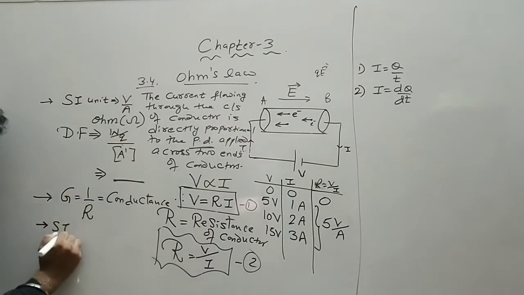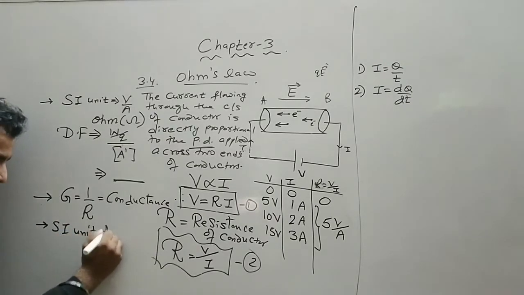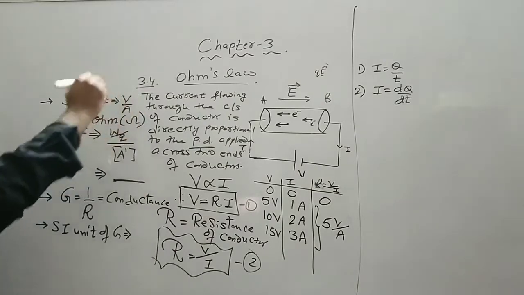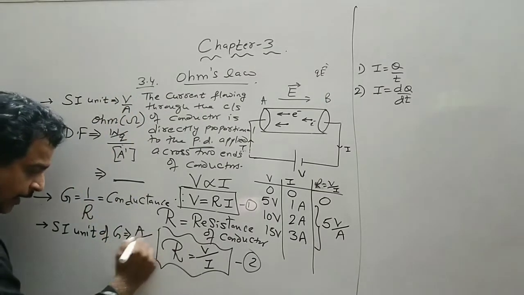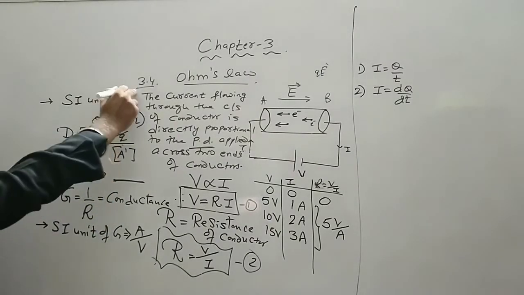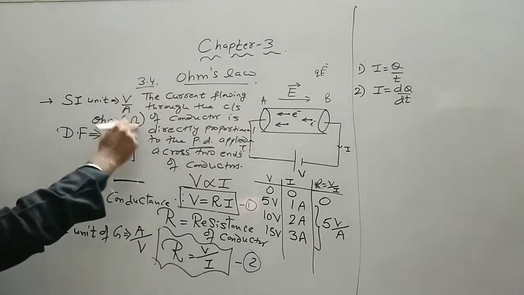SI unit of G, so it should be the reciprocal. So if you say volt per ampere, it should become ampere per volt, where volt upon ampere is called ohm.